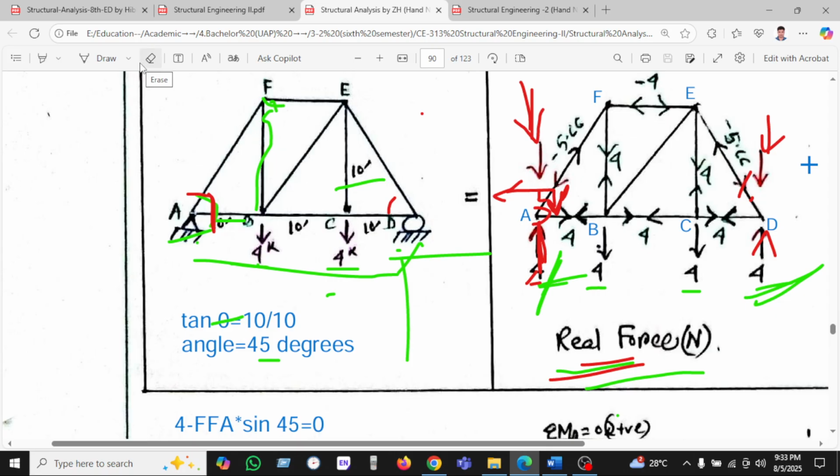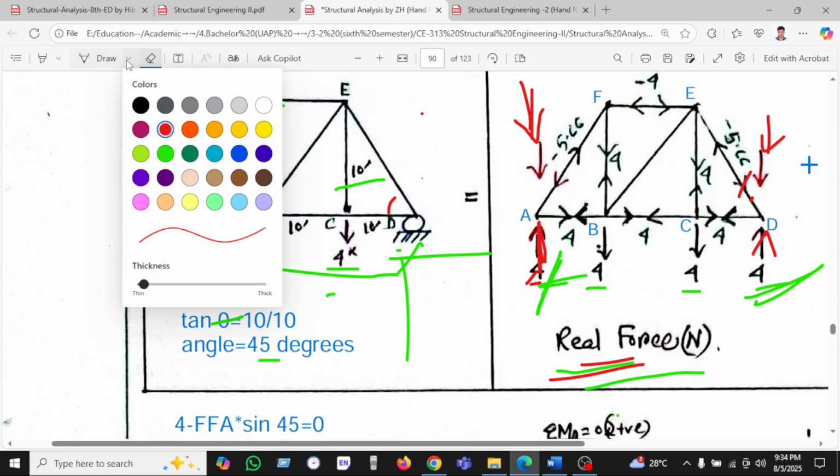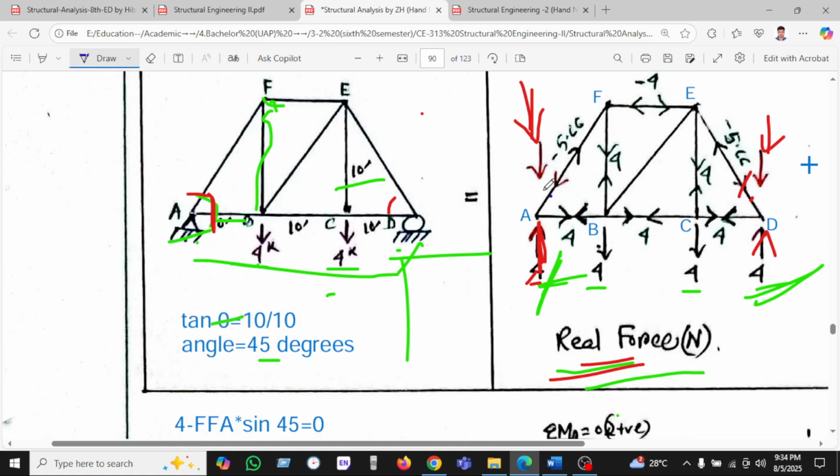So if we calculate the horizontal member, as we have been finding the inclined forces, the member force FA, it will be in the opposite direction of the horizontal. How is it? If we see here, there are 2 components.